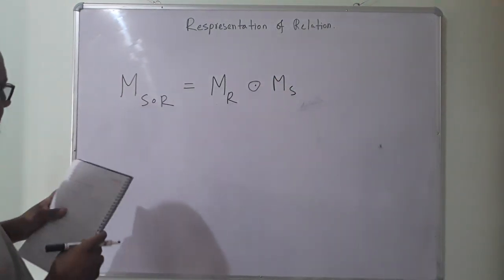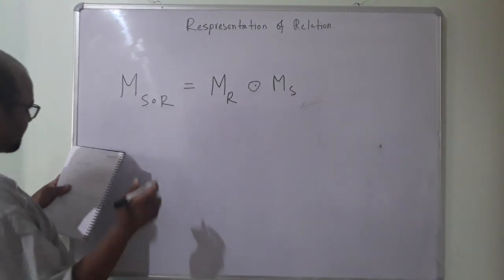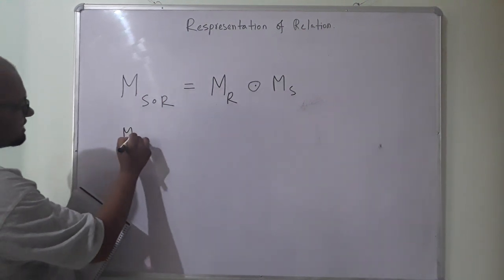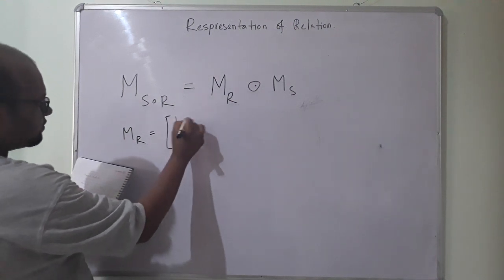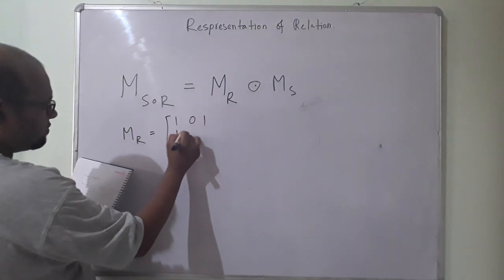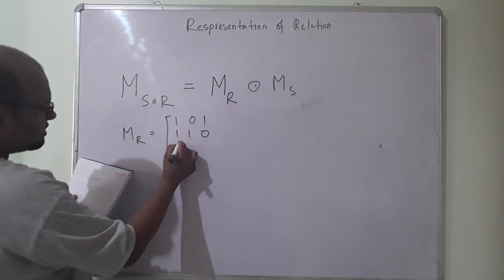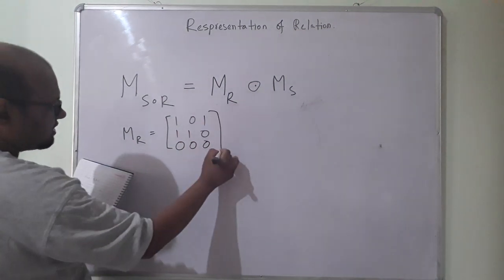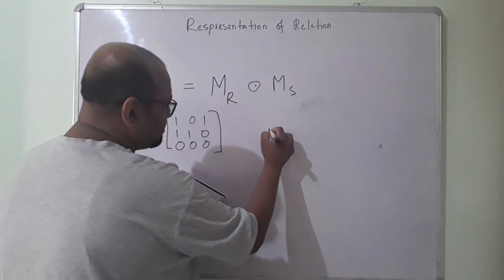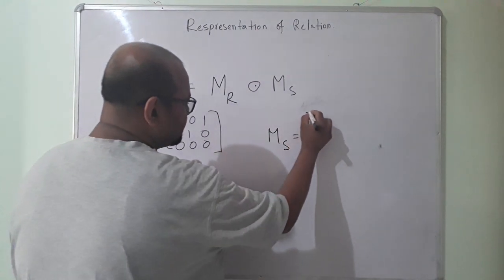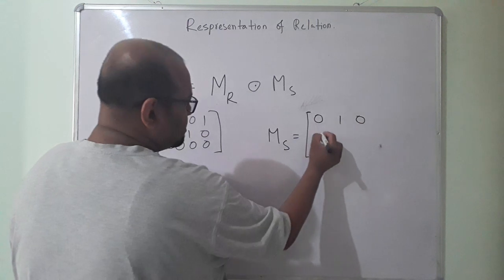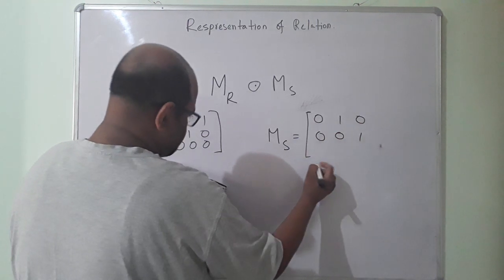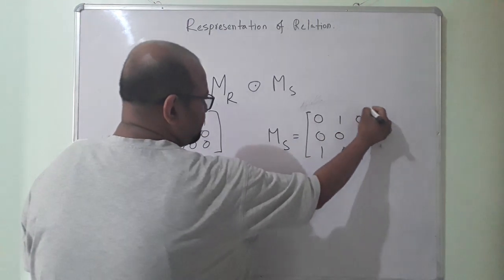Let us go ahead and try that with an example. Let us say I have this matrix R. It is represented as 101, 110, 000. Then we have this relation S represented as 010, 001 and 101.